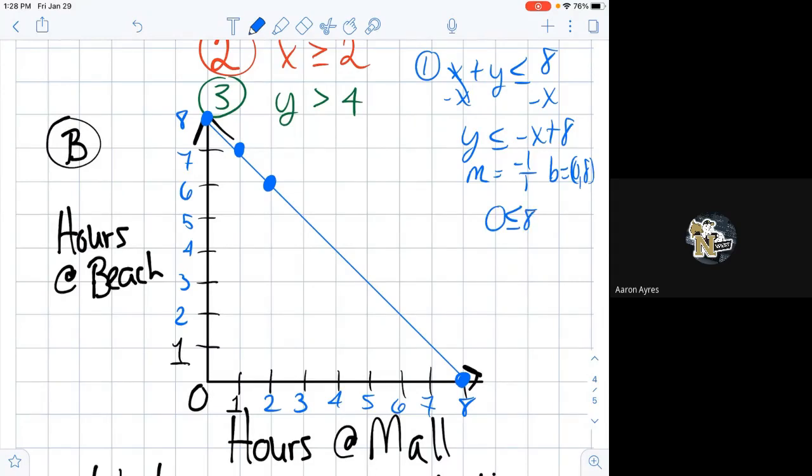True or false? That is true. So I'm going to shade below or above the line? Below. There we go. 1 down, 2 to go.